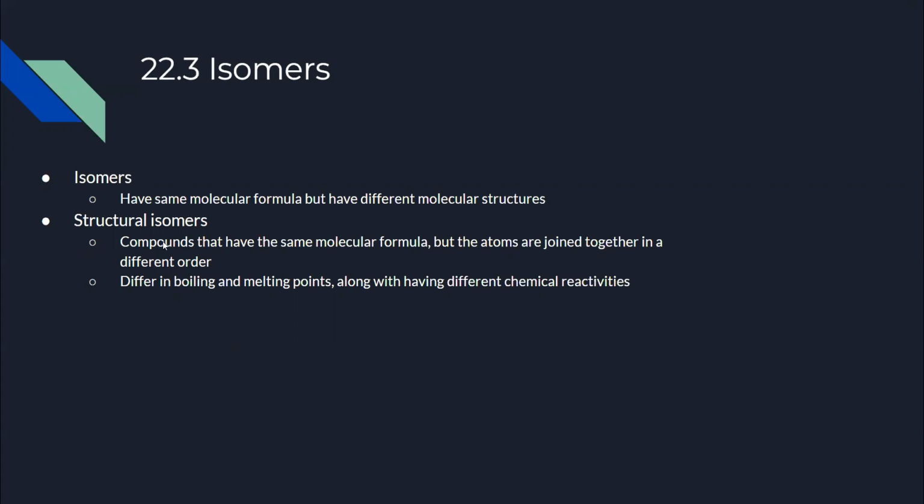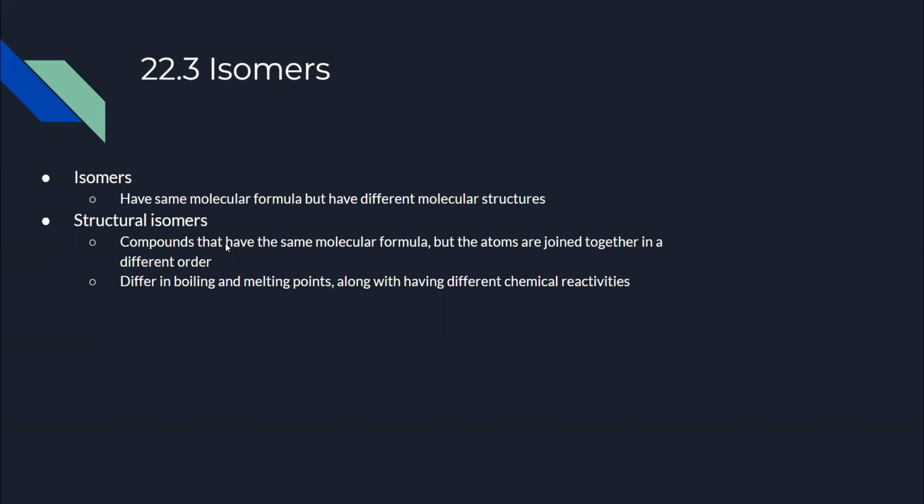And so this is basically a structural isomer where you have compounds that have the same molecular formula, but the atoms are joined together in a different order. So you have a lot of versions of those, and I'm not sure if the people I made this for need to know all the different types, but yeah.